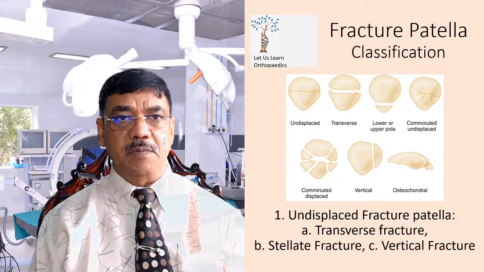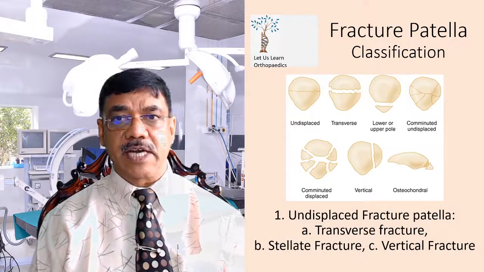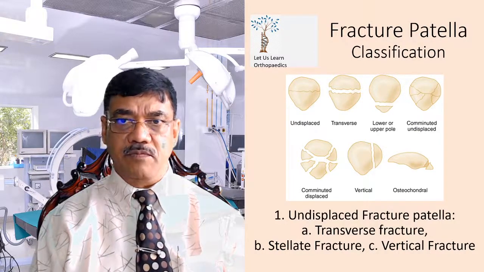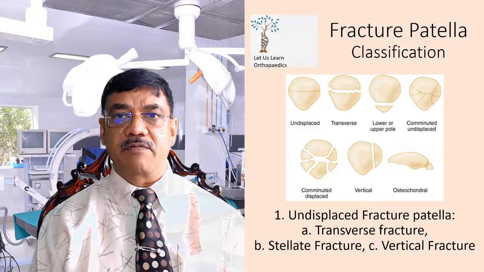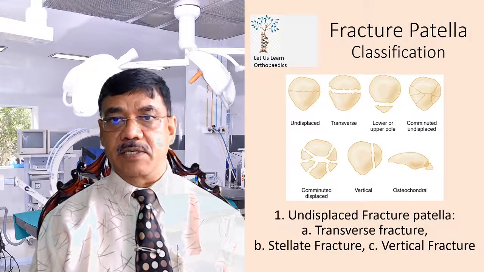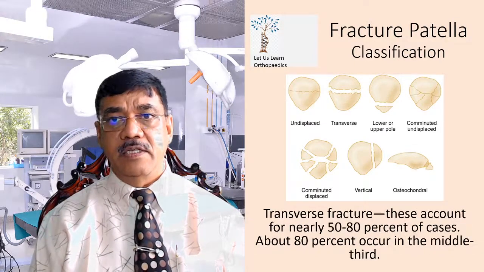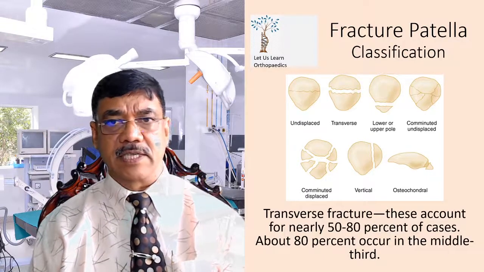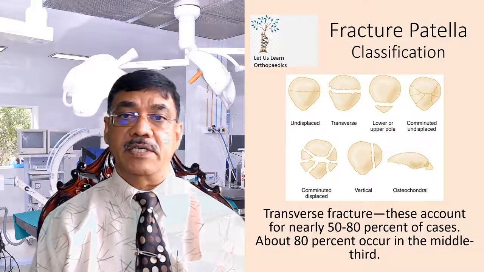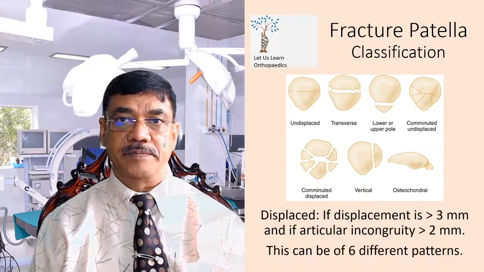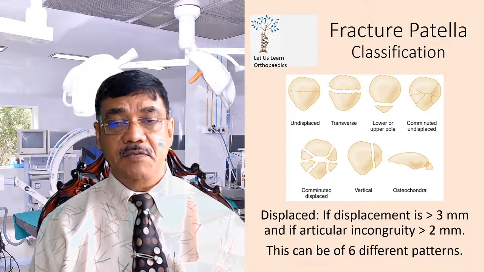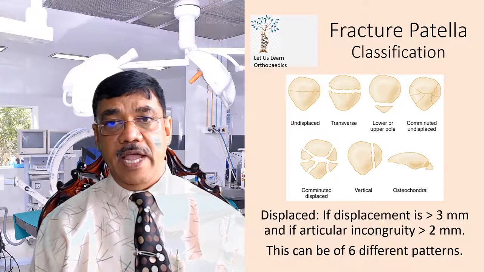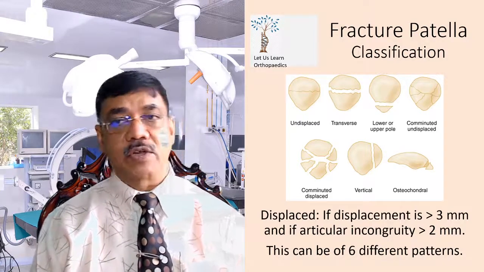Now the undisplaced fracture patella may be a transverse fracture or a stellate fracture as shown in the fourth picture, or it may be a vertical fracture as seen in the seventh picture, seventh part. The transverse fracture, this accounts for nearly 50 to 80% of the cases, and about 80% occurs in the middle third.